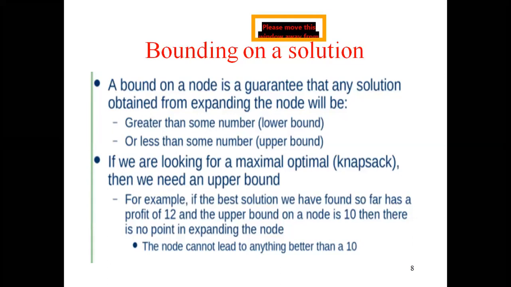For example, if the best solution we have found so far has a profit of 12, and the upper bound on a node is only 10, then there is no point in expanding the node. The node cannot lead to anything better than a 10, since the upper bound is 10.